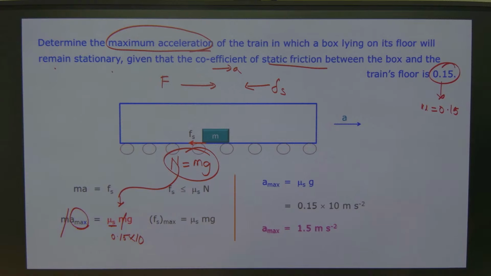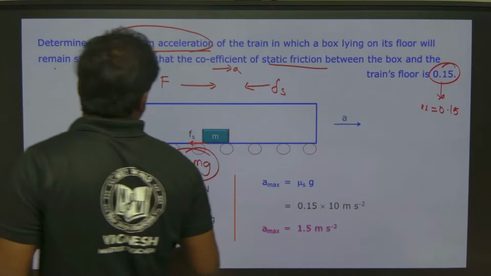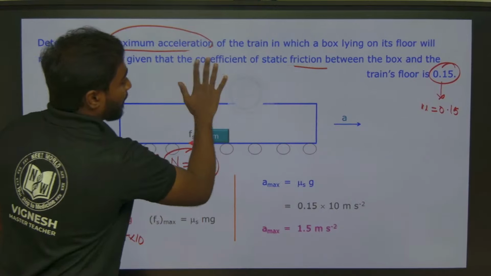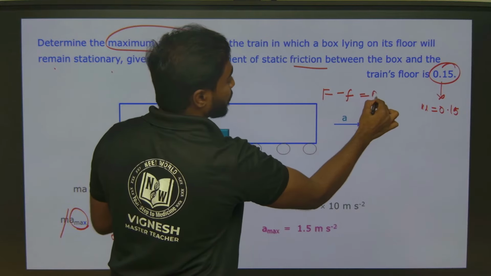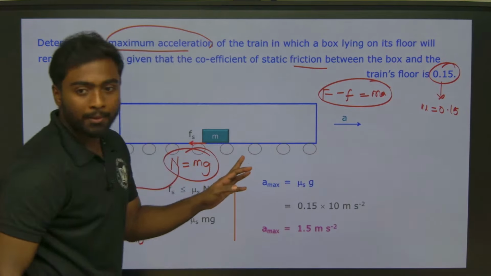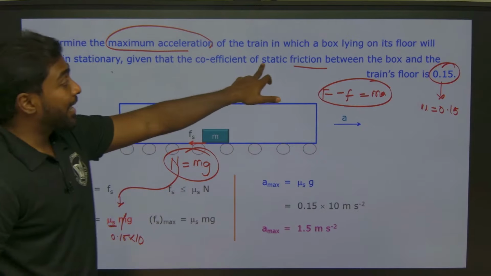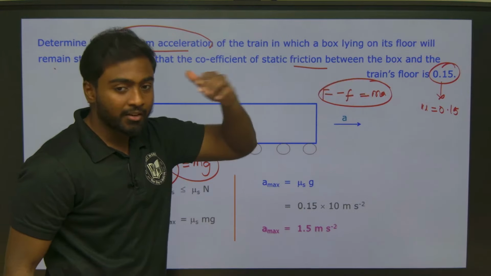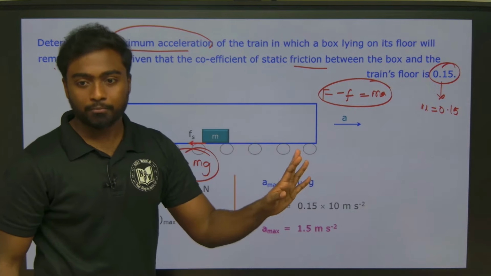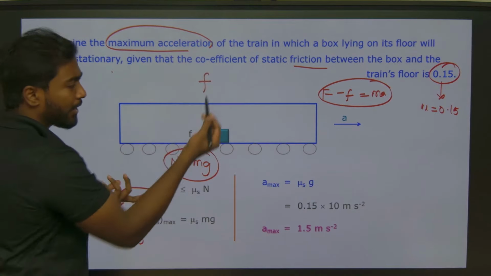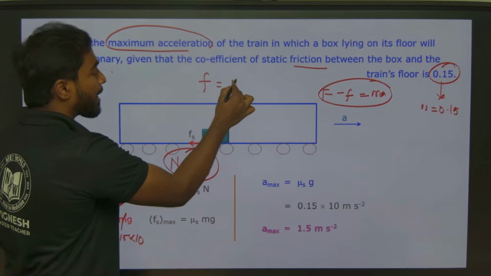See, the thing is, what we have written first of all, F minus frictional force will be equal to mass into acceleration, right? Now what they are saying is static friction, in the sense the force which I am applying will be equal to the opposing force. So that's why I will take friction equal to mass into acceleration.